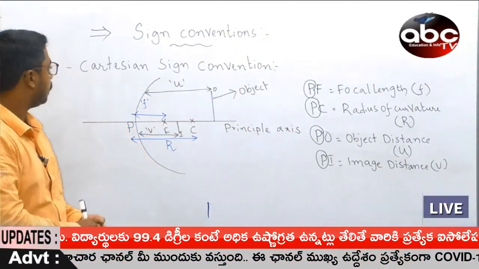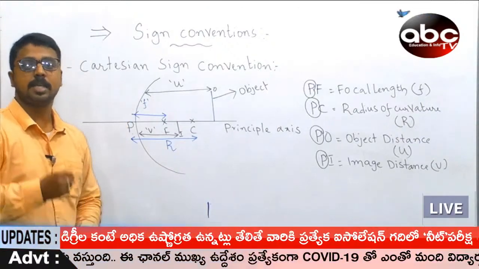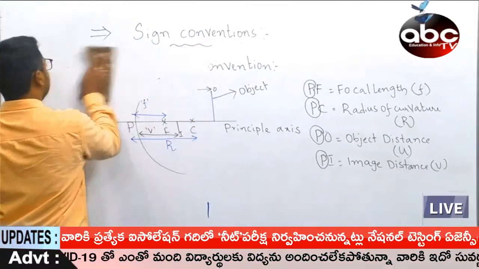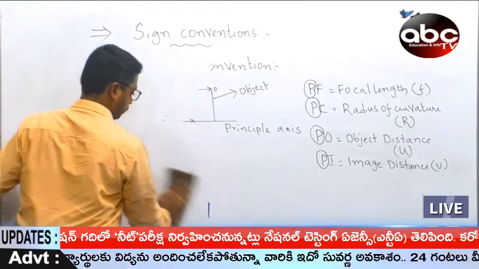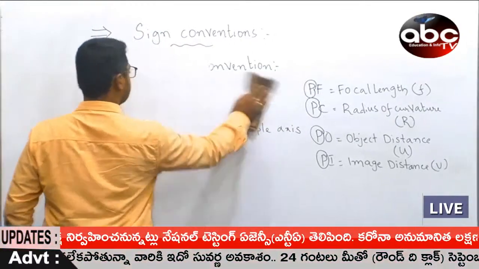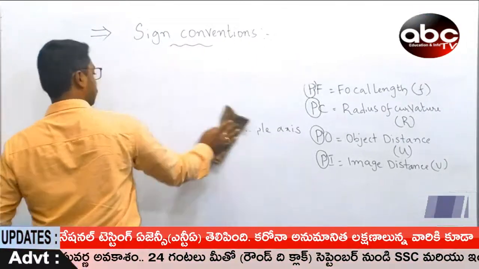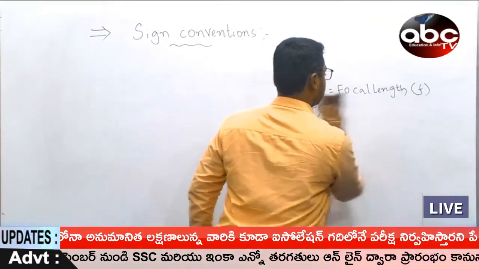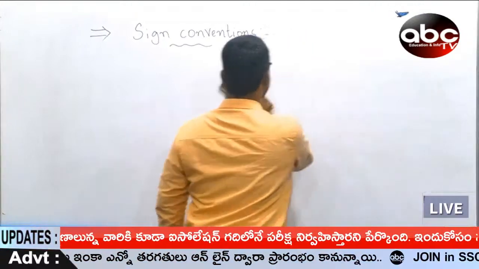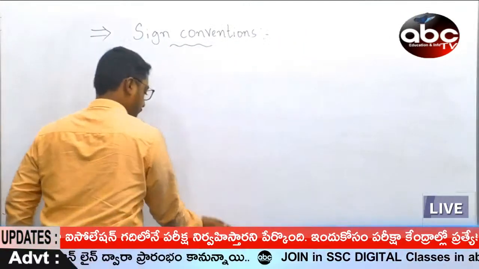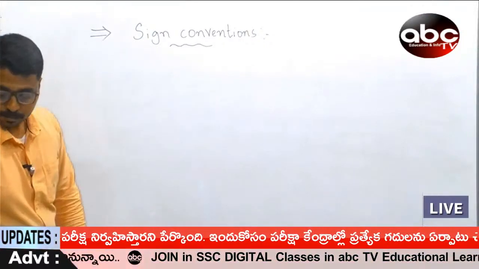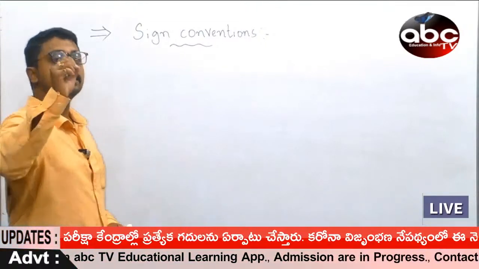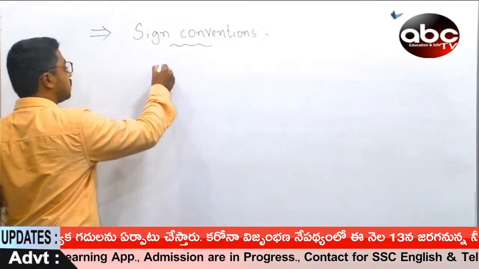So this is the first rule or first point of the sign conventions. All the distances must be measured from the pole. Right, we will move to the second rule of the Cartesian sign convention. Let us understand the diagram once.